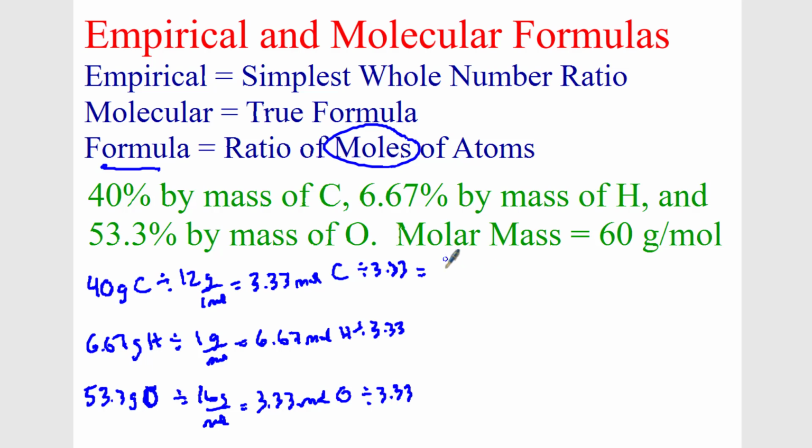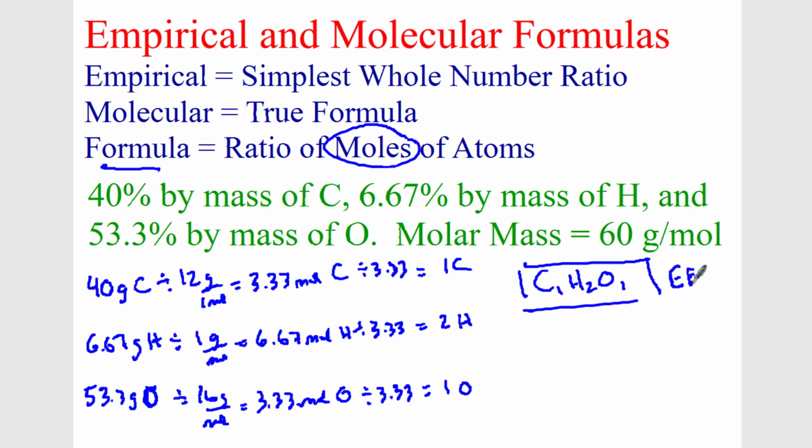So that gives me 1 carbon, 2 hydrogens, and 1 oxygen. So my formula is C1H2O1, but that is what we call the empirical formula. That's the simplest whole number ratio. So your percentages simply give you the empirical formula, the simplest whole number ratio.